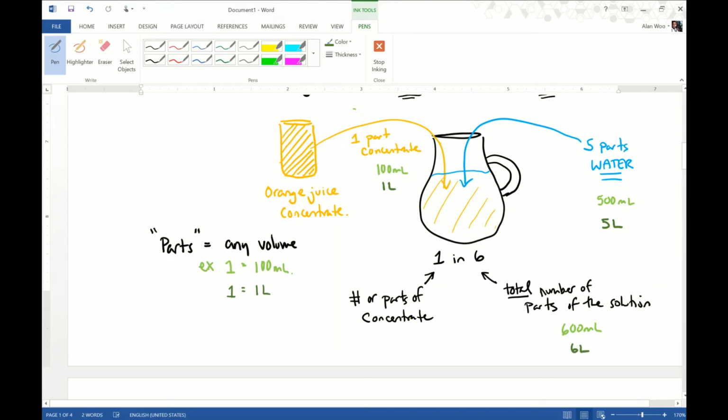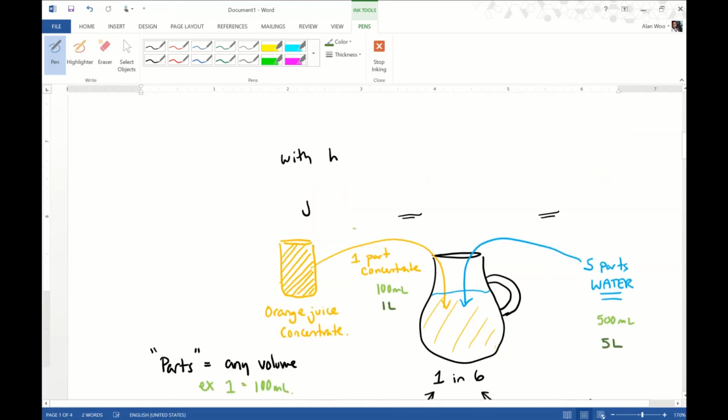So using the part system, without defining exact amounts, is flexible enough that anyone can make the same concentration of substance but at different volumes. If I wanted a lot of it, I can make a lot of it. I just have to have enough concentrate. Hopefully that makes sense.